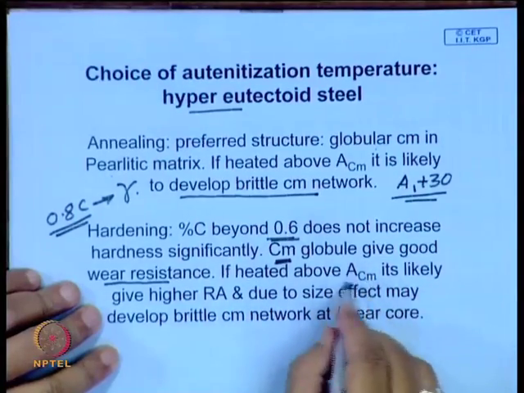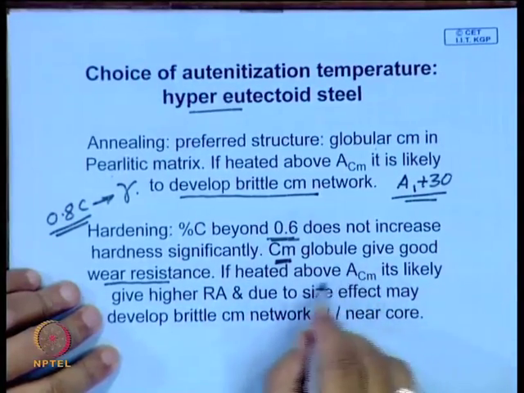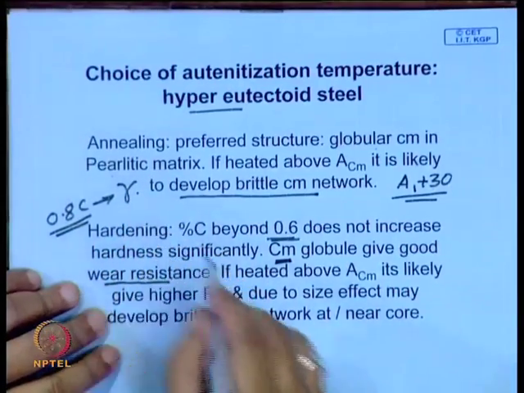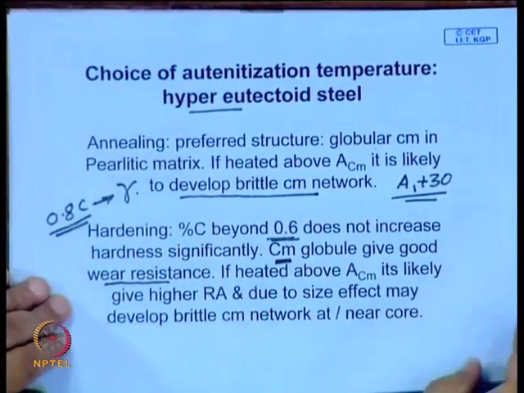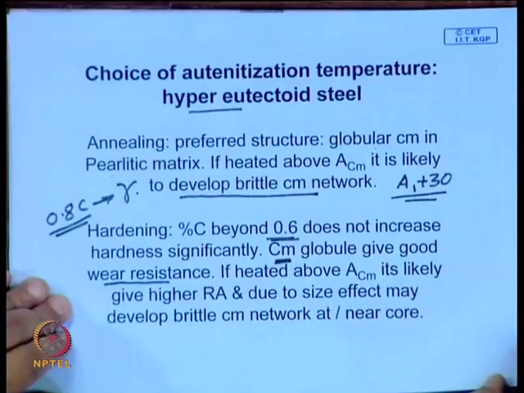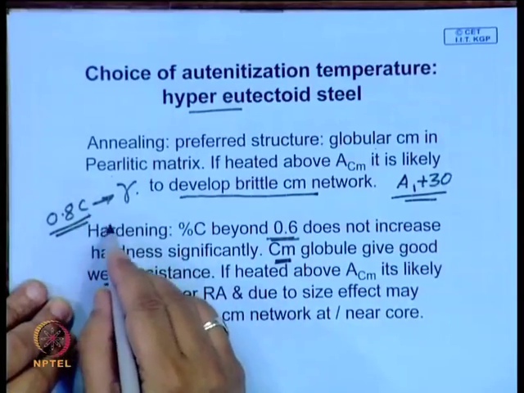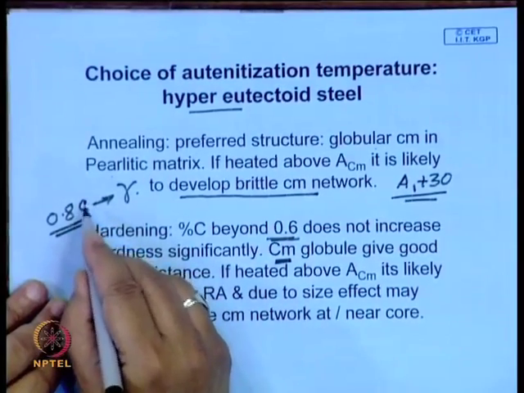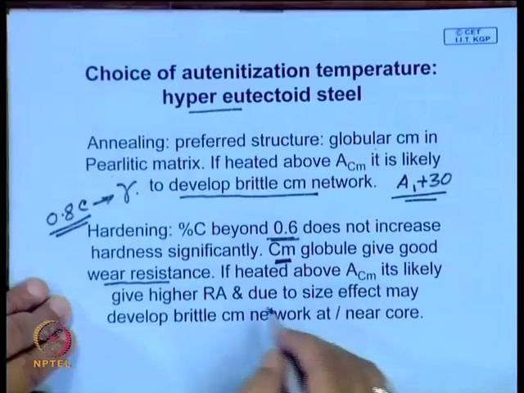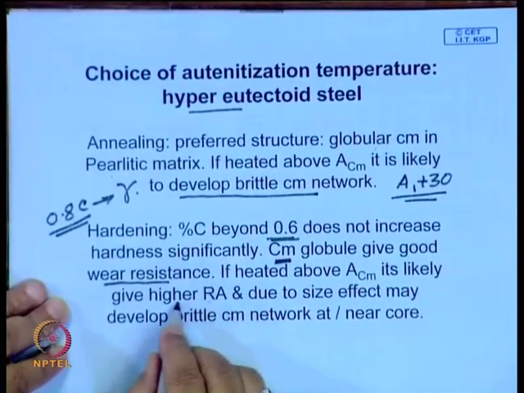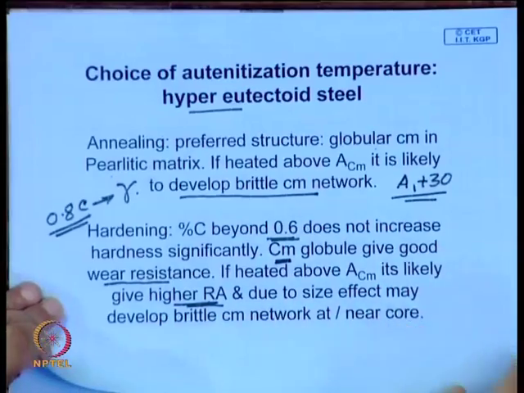Now, if you heat this steel above Acm, the carbon content in austenite becomes quite high, and we know that the martensite start temperature, Ms, is a function of carbon content. It becomes so low that even at room temperature the martensite transformation will not be complete, and you will have a very high amount of retained austenite.